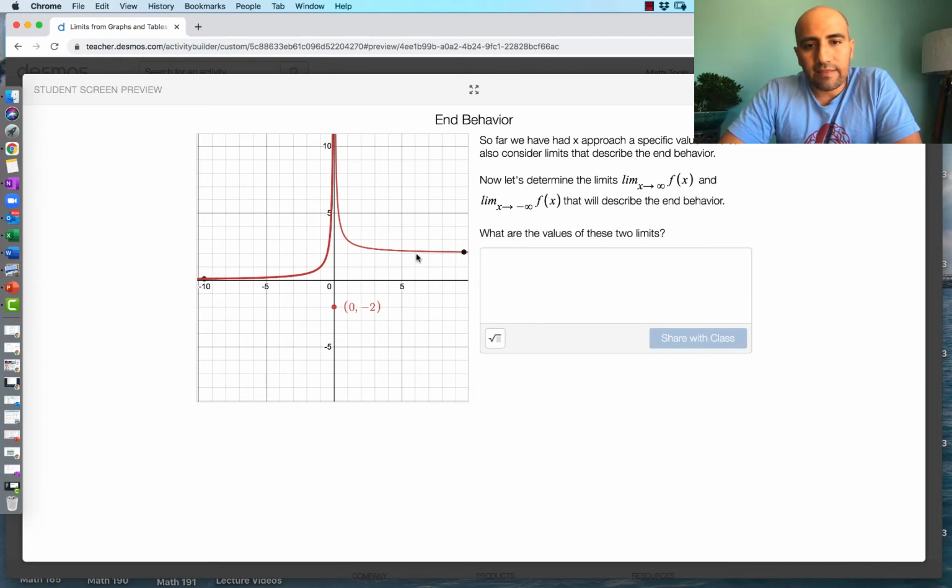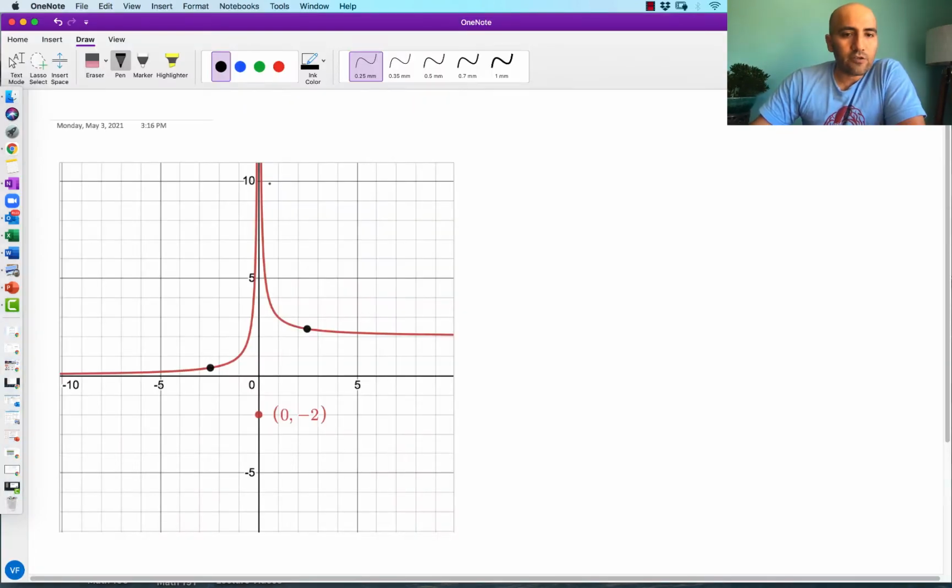On the other hand, in this direction, it looks like the limit as x approaches positive infinity, the output values seem to be getting infinitely close to the number 2. Okay, so remember the function itself is everything in red, including this dot, right? This little dot right there indicates that when we want to evaluate our function at 0, the output is negative 2. So from this picture, this seems to be shooting off toward infinity.